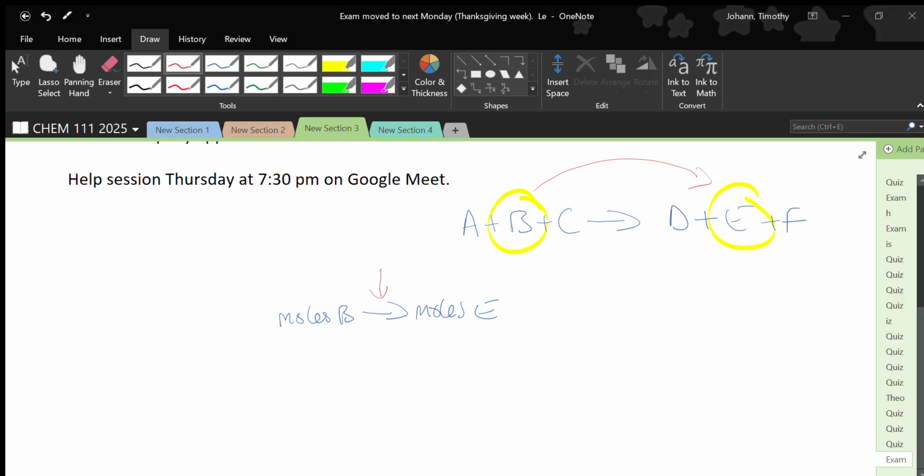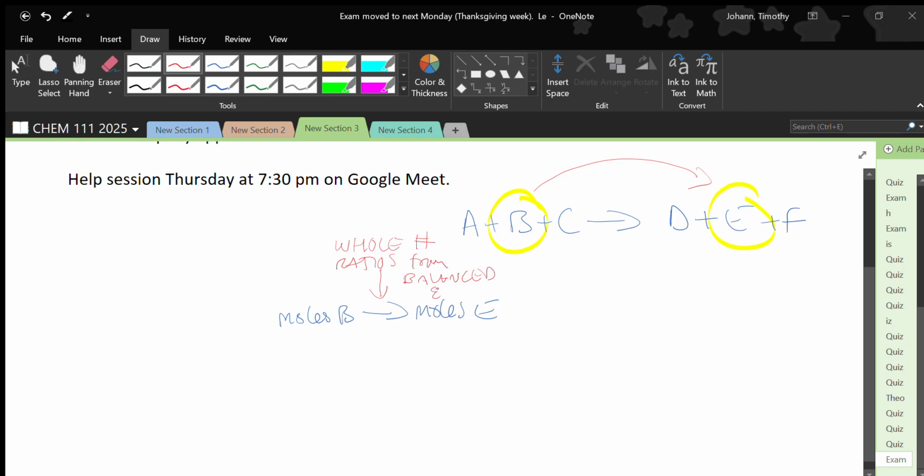It's the whole number ratios from the balanced equation, always. I say whole number ratios because that's what you're supposed to do when you balance the equation in chemistry, but if they were the right ratios and weren't whole numbers, it still would work.